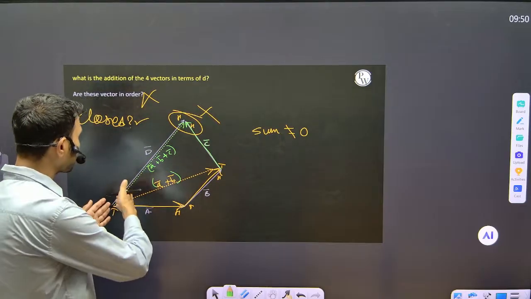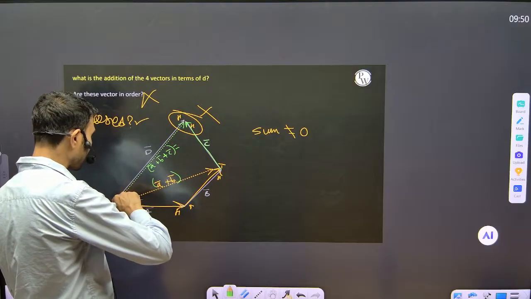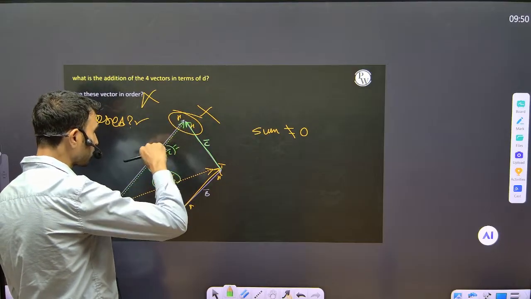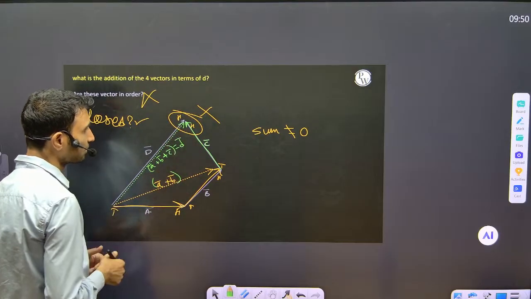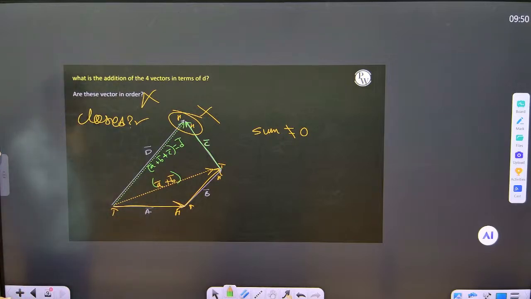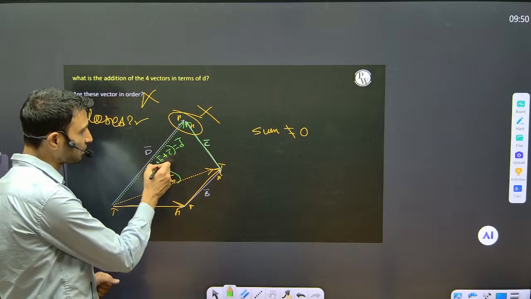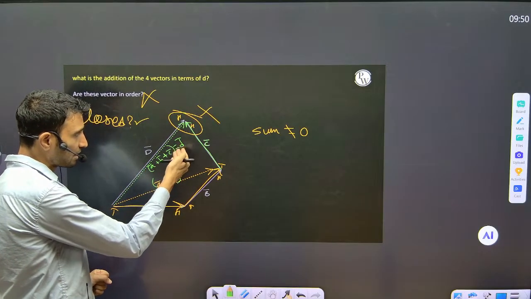But that is nothing but which vector, guys? As per the diagram, that is nothing but your D vector. So we are getting that A plus B plus C vector is equal to D vector.